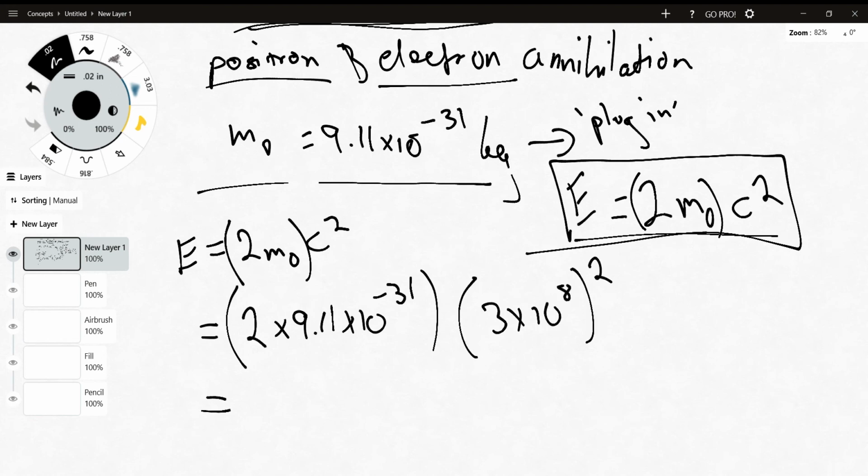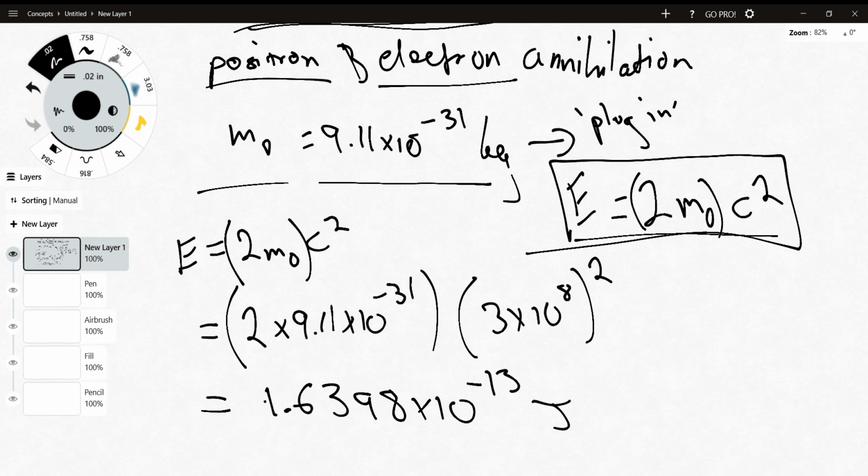We take a moment to input that into our calculator. The energy we get from this annihilation is 1.6398 times 10 to the minus 13 joules.